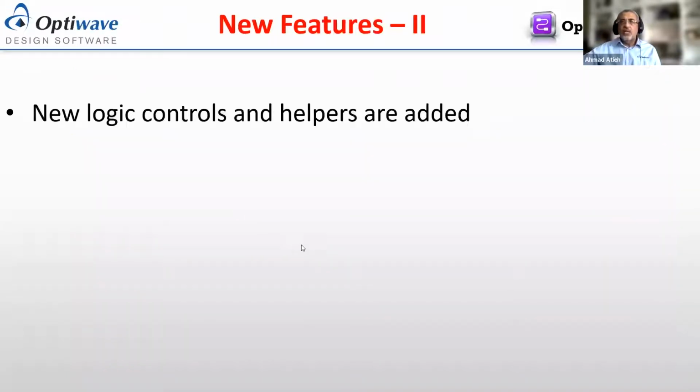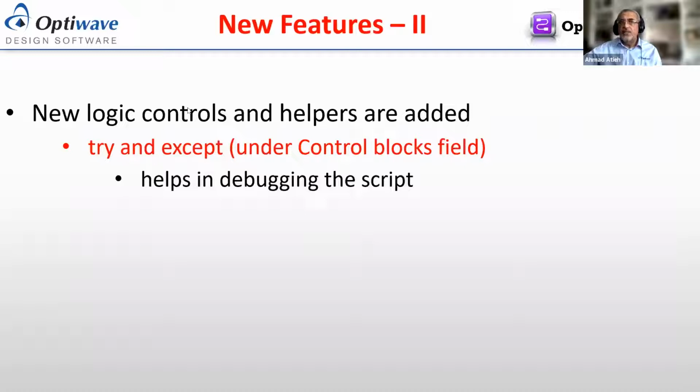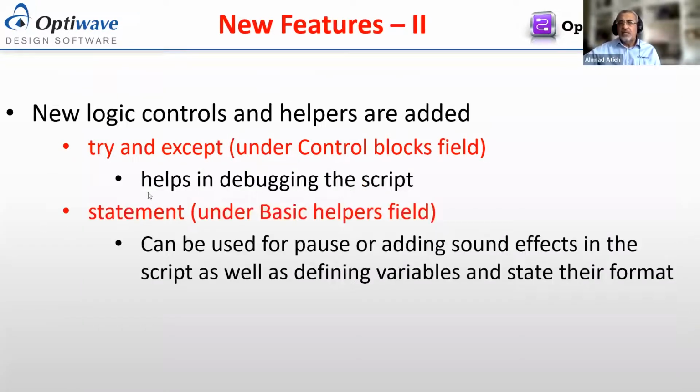Next, we added helpers into the logic control pane. One of them is try and except, and this helps with debugging the script. There is another command we added, the statement, which is under the basic helpers field.